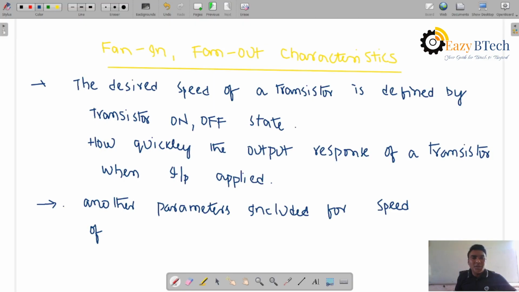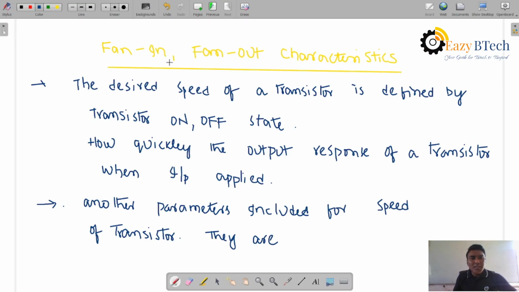The speed of a transistor depends on the on and off state of the transistor. Another parameter is included for the speed of a transistor. So two parameters are here that we are going to discuss today: fan in, fan out.